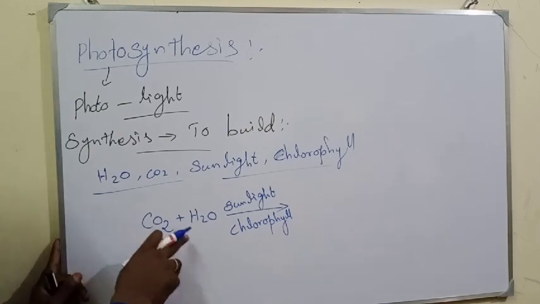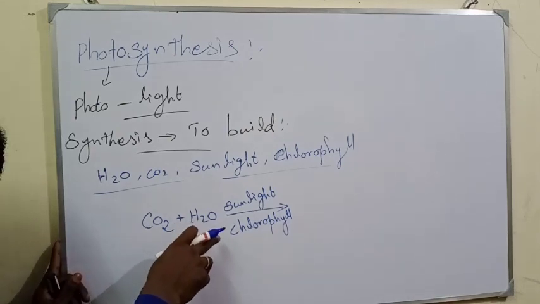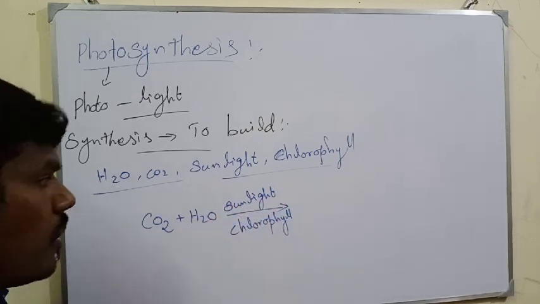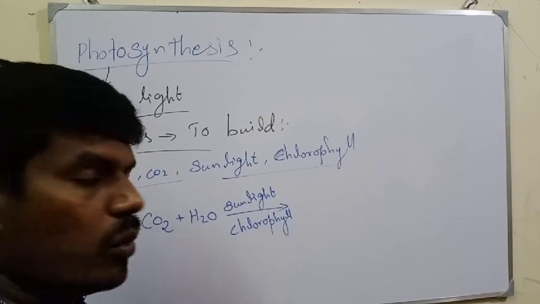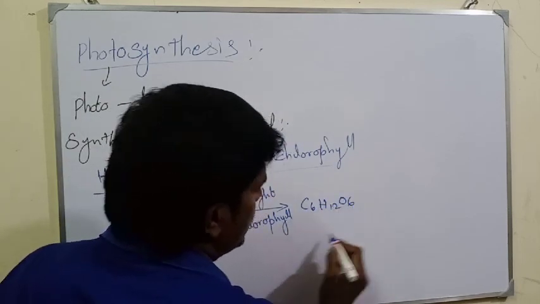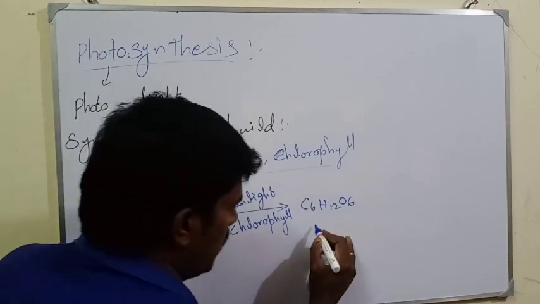Carbon dioxide combines with water in the presence of sunlight and chlorophyll to form carbohydrate. Carbohydrate means glucose, C6H12O6. This is the chemical formula of glucose.